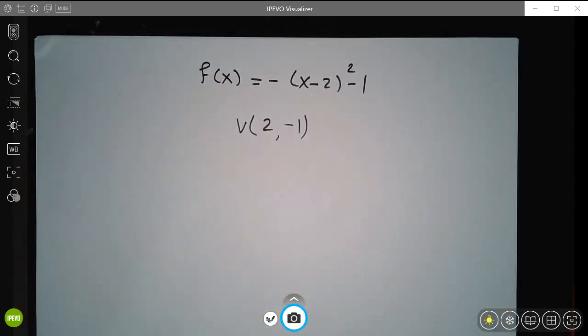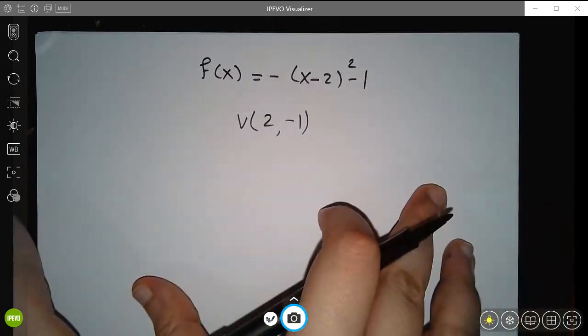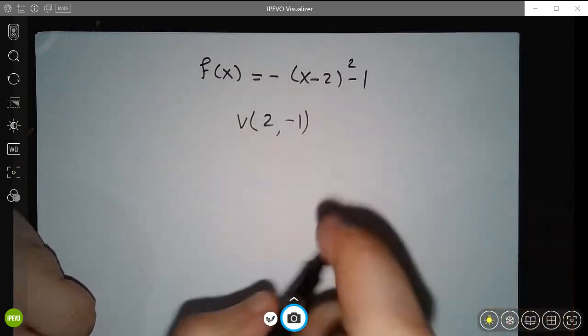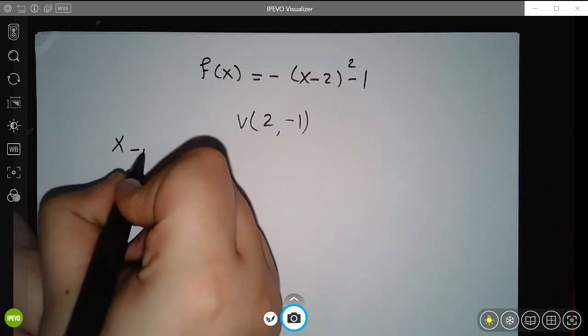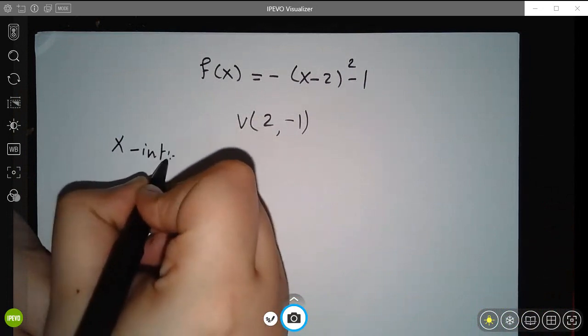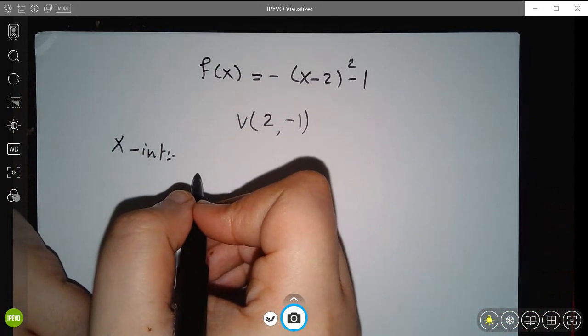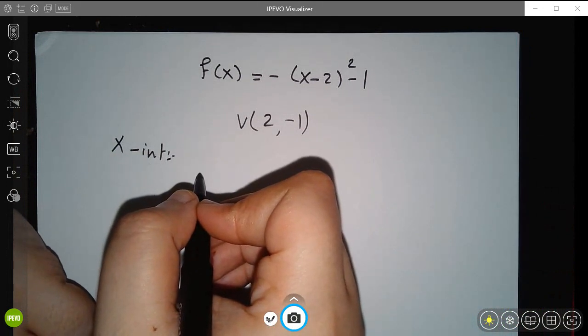Alright, cool. Now, back to the problem. So you want to know about the intercept. So the rule says, if you're trying to find the x-intercept, see, that's why I gave a different one.